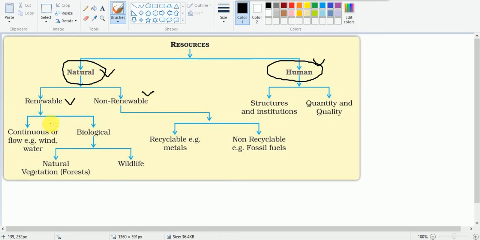Renewable resources are further subdivided into continuous or flow, for example wind, water. Then another type is biological. Biological resources are further divided into natural vegetation and wildlife.